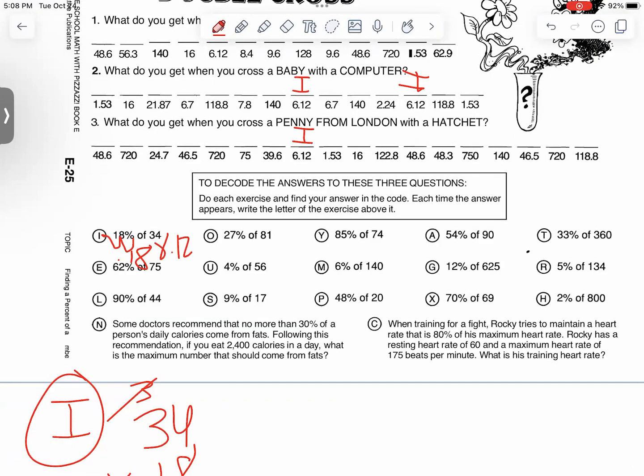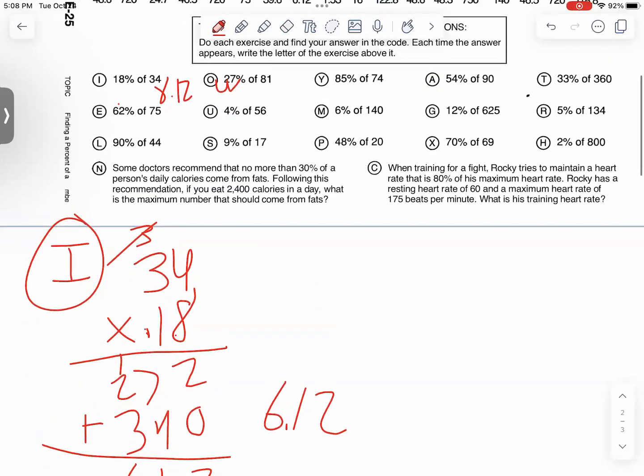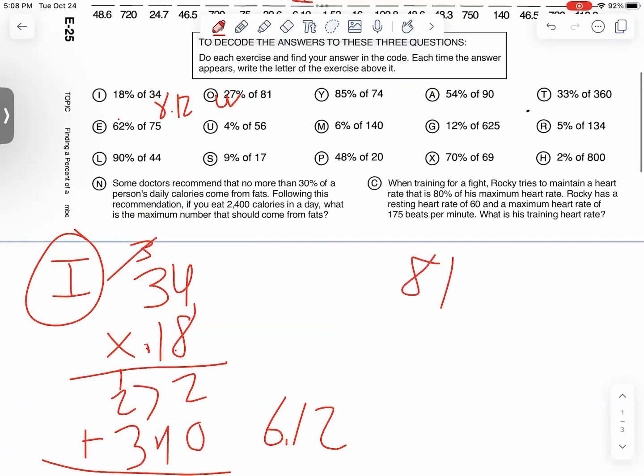All right, number 2, or O, is going to be 27% of 81. Move the decimal over 2. So we have 81 times 0.27. All right, so there's 7 and 56 here.